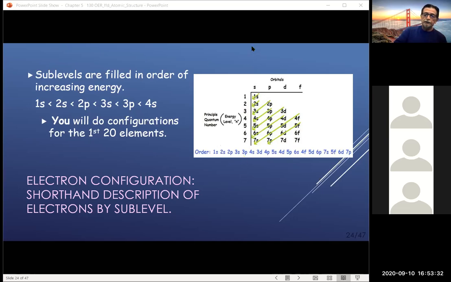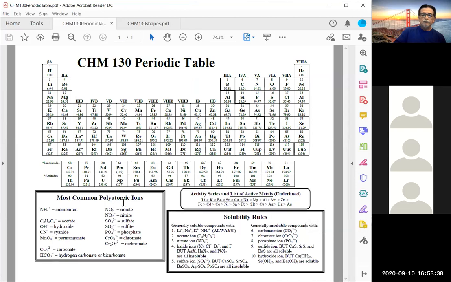Now, let me go back to the periodic table. All right, so if I start off with, hopefully we can see this here. Let's start off with hydrogen. Hydrogen's number 1. It's got 1 electron.